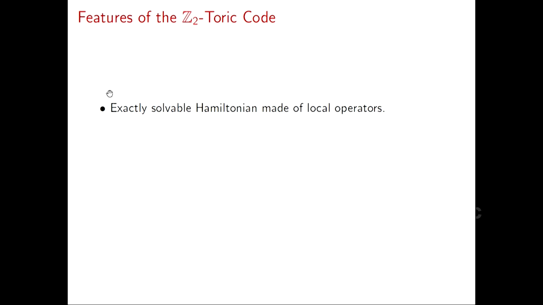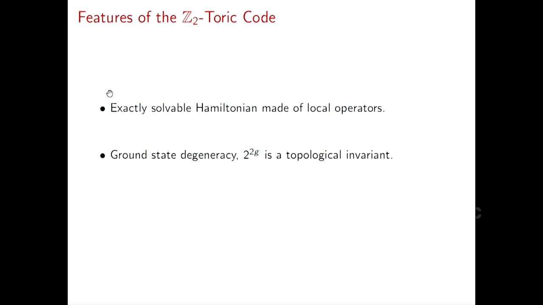So if I specialize to the case when the finite group is C2, as I told you, it's an exactly solvable Hamiltonian. You will find on a closed surface the ground state degeneracy is a topological invariant. And the topological invariant is the number of holes, or the genus, of the surface.